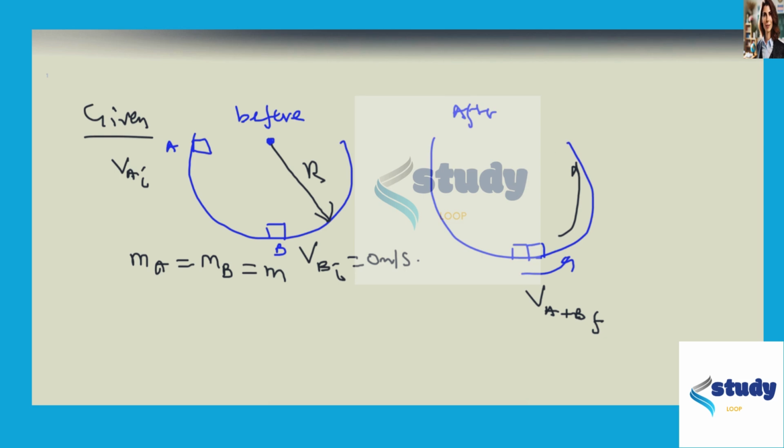They stop at some point right here, and when they stop, their velocity happens to be 0. So the velocity of A plus B equals 0 meters per second when they stop. We don't have to call this final, let's just call it the combined velocity of A and B.